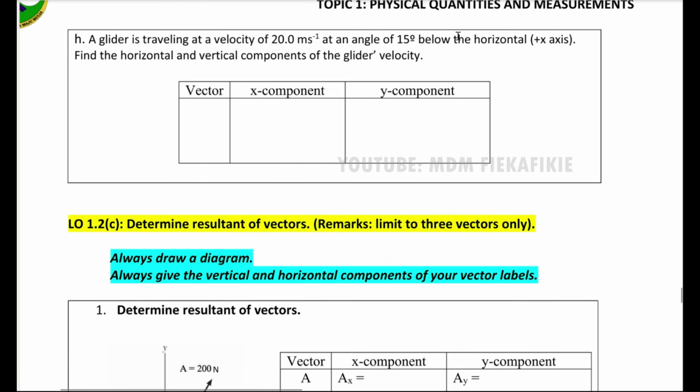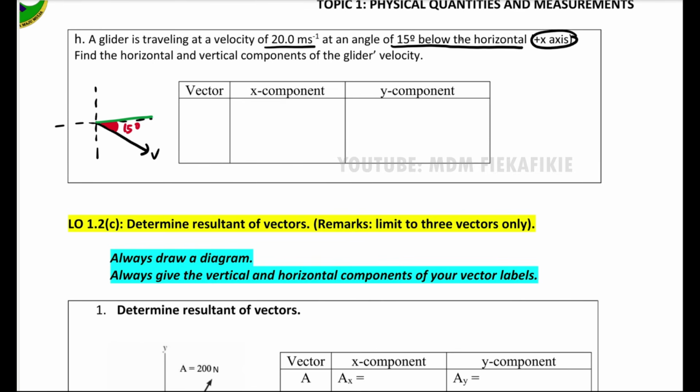Okay, a glider is travelling at a velocity of 20 meter per second at an angle of 15 degree below the horizontal, which is positive x-axis. This time, the angles given are all close to the x component only. So below horizontal positive x-axis, the angle here is 15 degree. So this is the velocity.